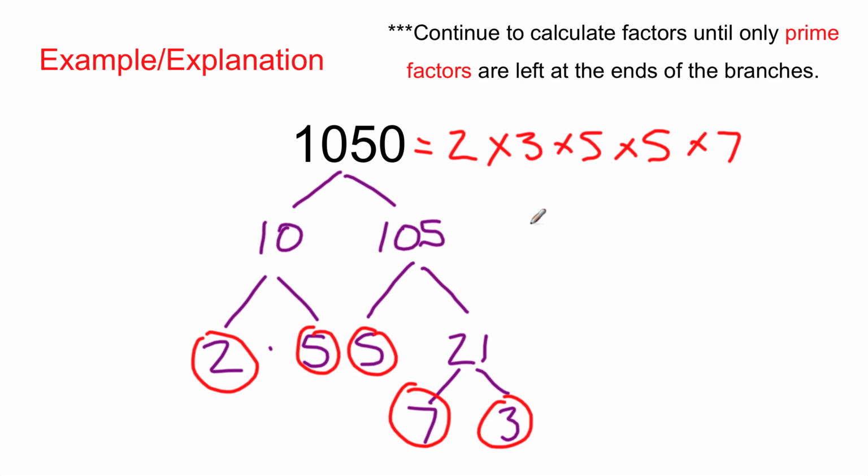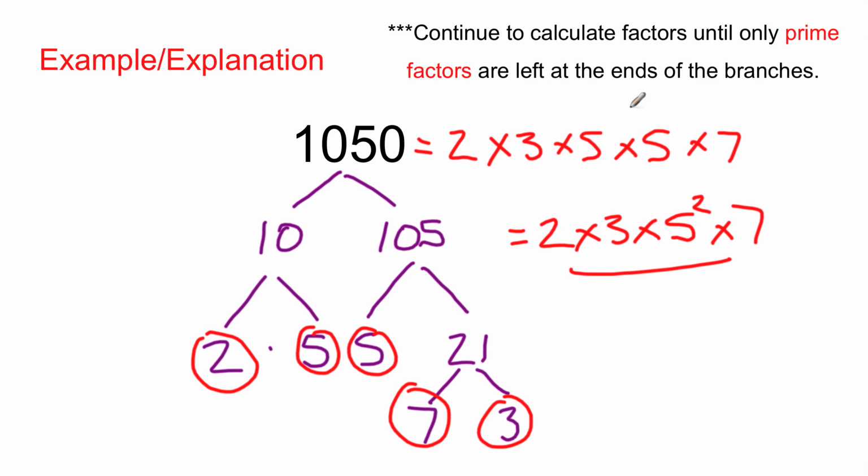So 1050 equals, in prime factorization, 2 times 3 times, now there are 2 of these, 5 times 5, so 5 squared, times 7. That is 1050 represented in prime factorization.